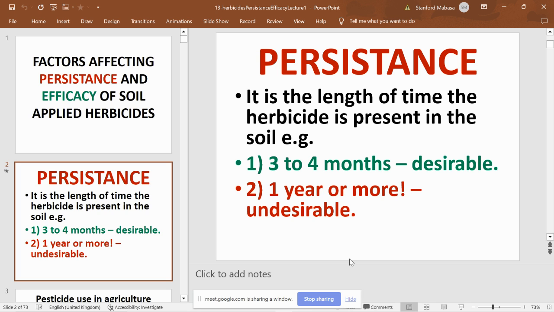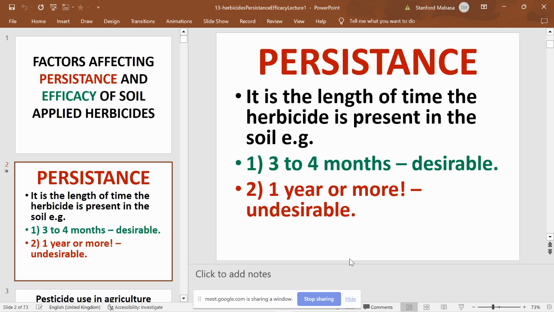But if the persistence goes for 1 year, like what can happen in some of the trials with herbicides, then it becomes undesirable because it is going to interfere with our crop rotations.